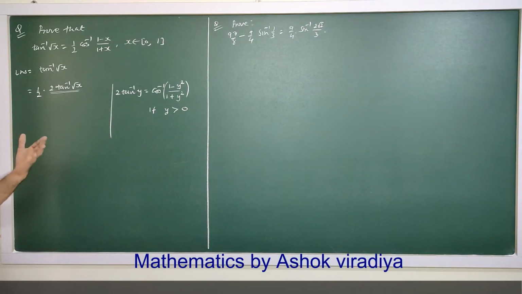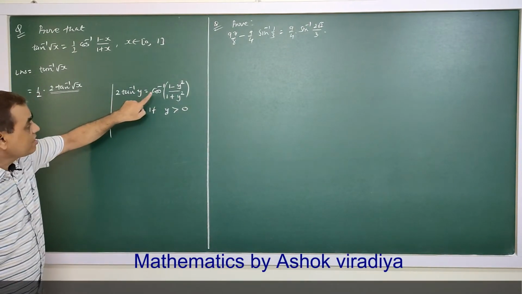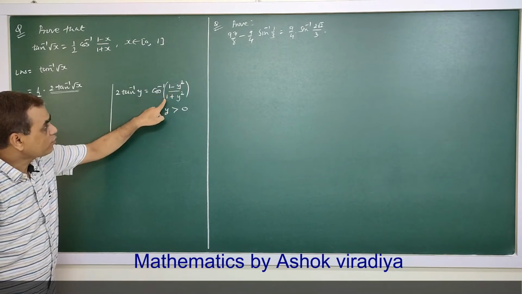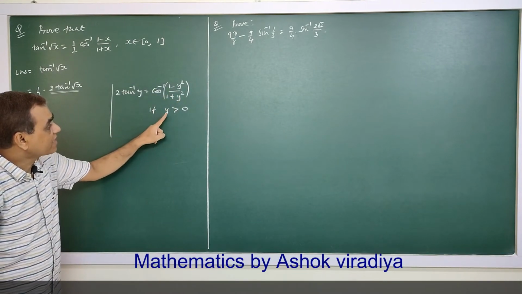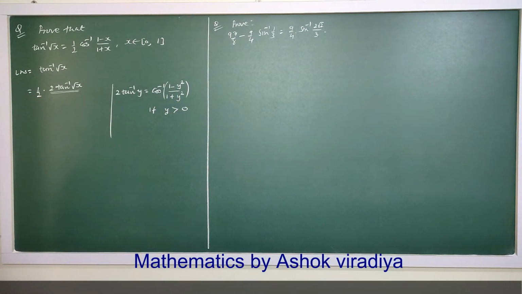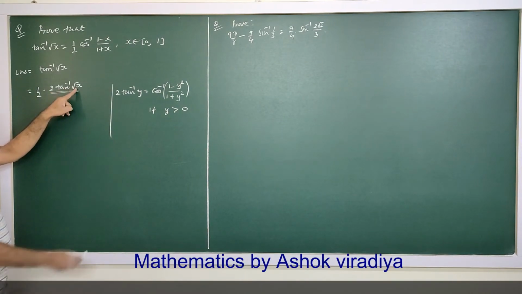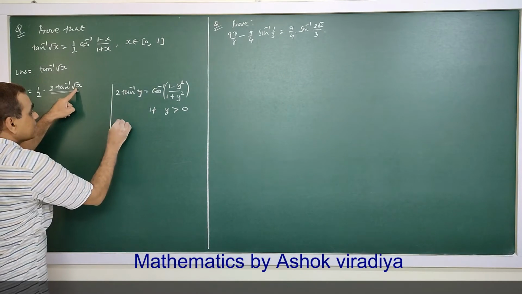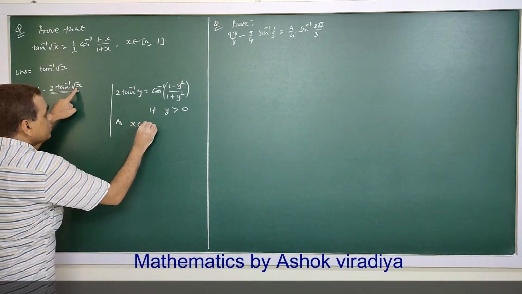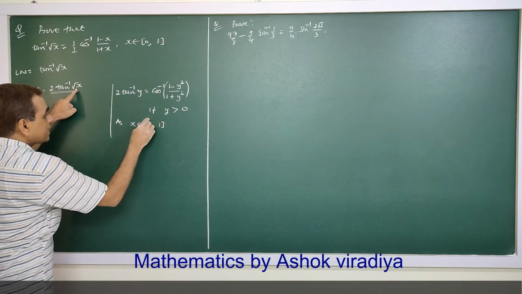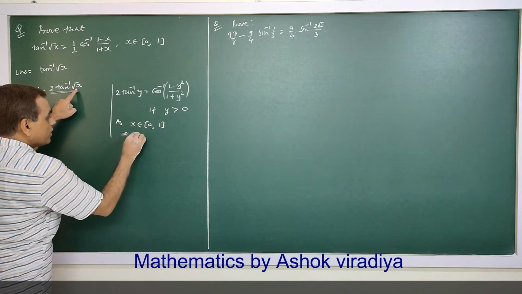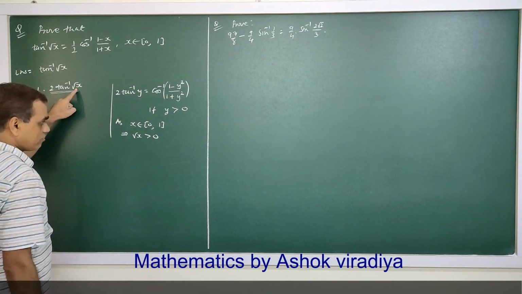Already we have this result. 2 times tan inverse x is cos inverse (1 minus x square) upon (1 plus x square) if x is positive. Now look here, root x. See, x is in 0 to 1. So x is positive. That means root x is positive.